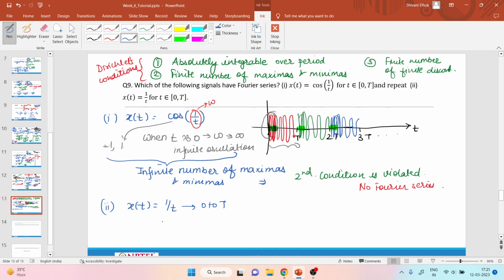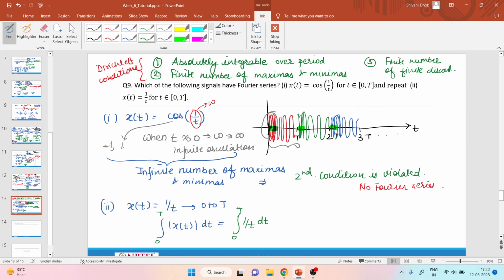Now let us check its absolute integrability. So if I check the integral of magnitude of x(t) dt over a period, not from minus infinity to infinity, from 0 to capital T, then this is equal to the integral from 0 to T of 1 by t dt.